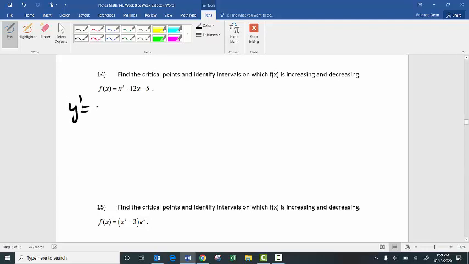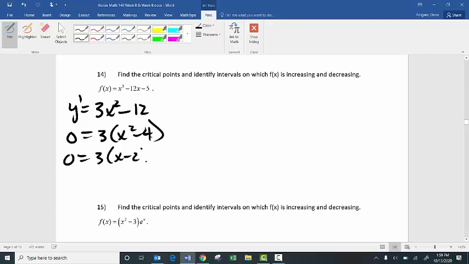So you have to figure out y prime. So 3x squared minus 12. And then just like you did before, you set it equal to 0, and you factor. When you set it equal to 0, you have to factor this again. All right?